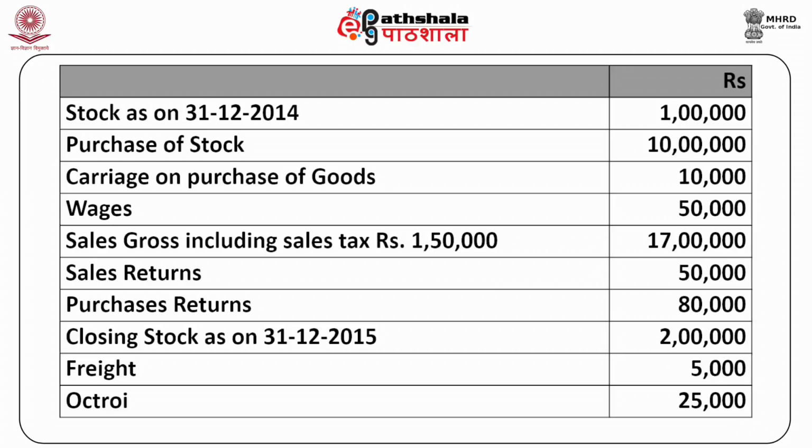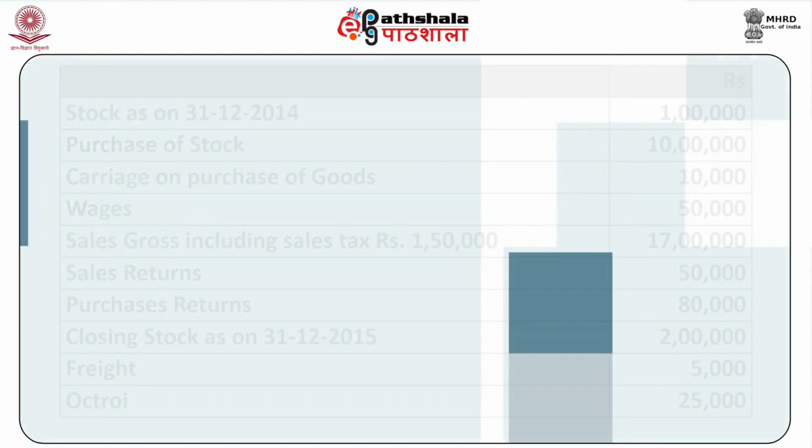The other information: stock as on 31/12/2014 1 lakh, purchase of stock 10 lakhs, carriage on purchase of goods 10,000, wages 50,000, sales gross including sales tax rupees 1,50,000, which comes to 17 lakhs, sales return 50,000, purchases return 80,000, closing stock as on 31/12/15 is 2 lakhs, freight is 5,000, octroi 25,000.